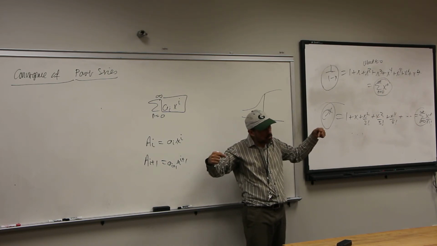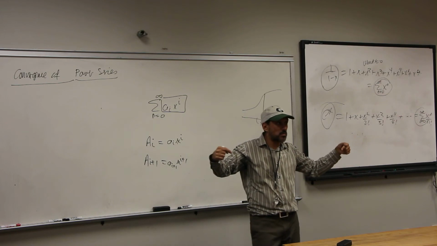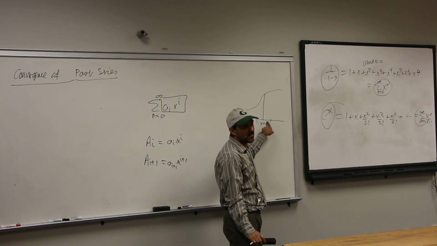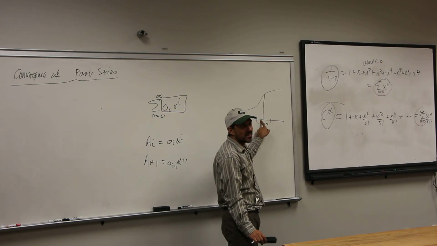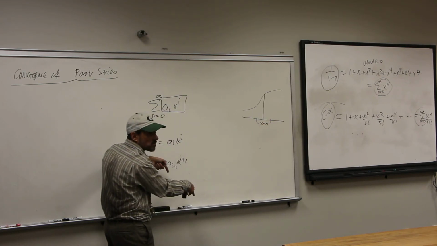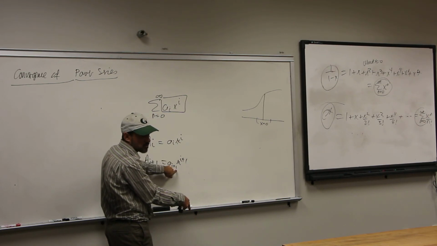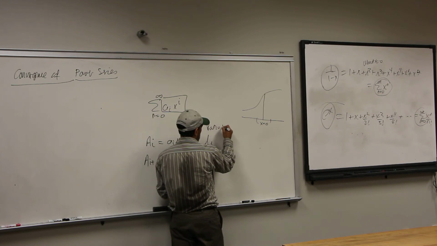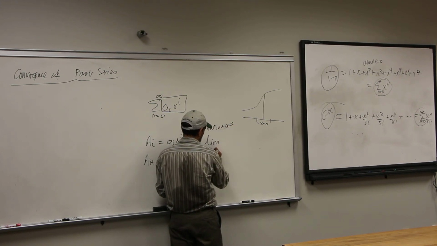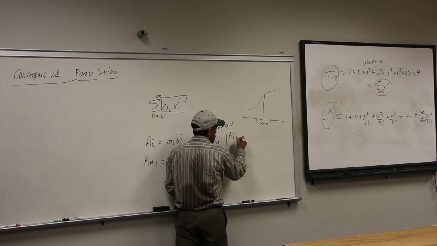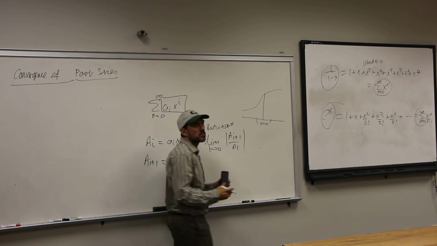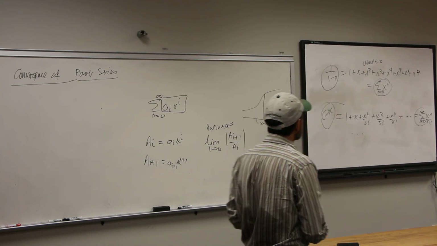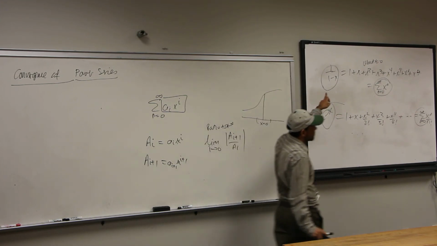Now the problem becomes, if you're on this side, x is positive. If you're on this side, x is negative. So I really need absolute values. I'm going to do the ratio test. Take the absolute value. Let us do the ratio test on this series here.